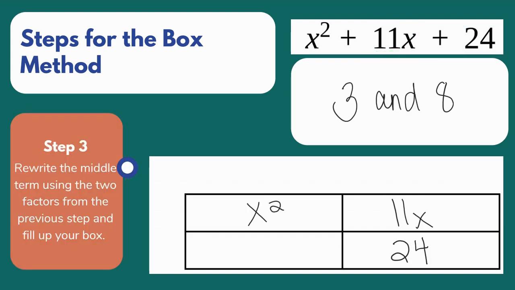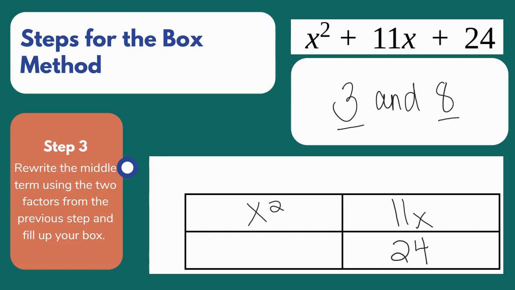Our third step says to rewrite the middle term using the two factors from the previous step in order to fill up our box. So we'll fill up this empty space that we have in our box. The factors that we brainstormed from the previous step were 3 and 8.